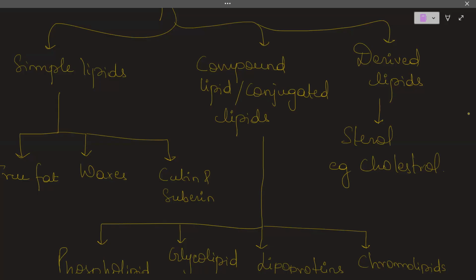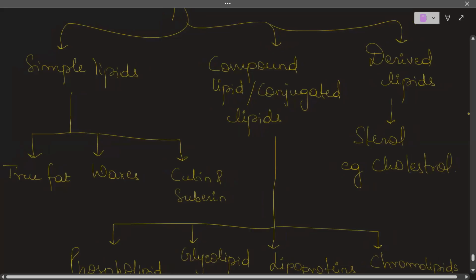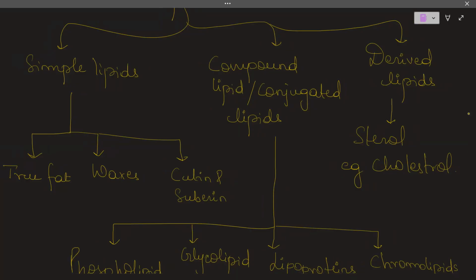So up until now, we have discussed the proteins, the carbohydrates, and lipids. All of these things are discussed. Now, the next thing that we have to discuss is nucleic acid: the functions of nucleic acid and how they are formed.